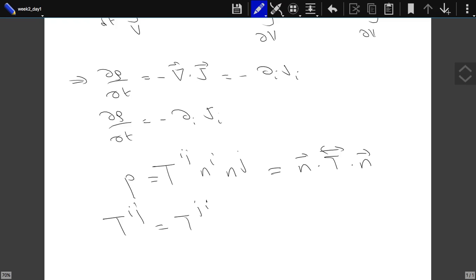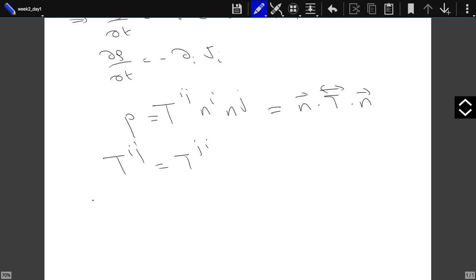Well, let's see. What is the electromagnetic momentum density? This was mu0 epsilon 0 E cross B, over mu 0. This is the density.